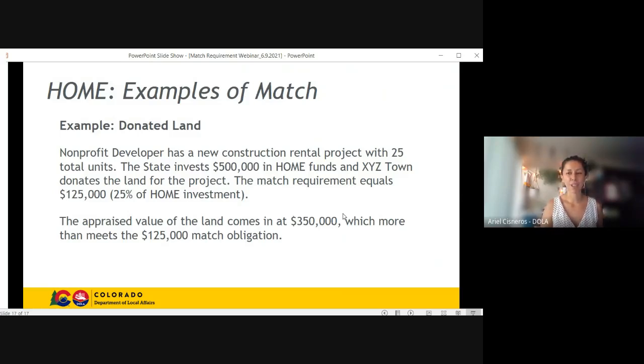So the poll should be launched. In this example, does this meet the minimum requirement for match? Yes, no, or still not sure.